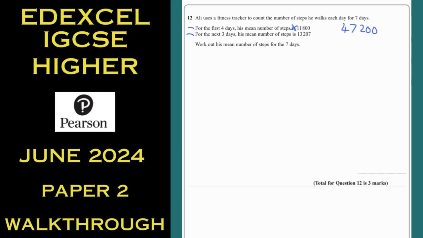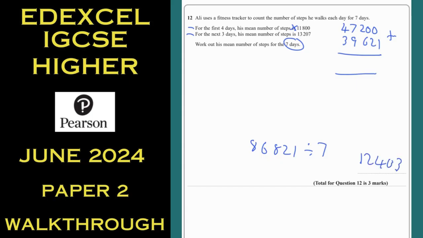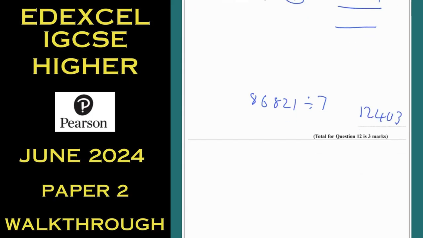Same again for the next 3 days. 3 times that 13,000 odd gives us 39,621. To work out the mean over all 7 days, you need the total, which is 86,821, and it gets divided by the total number of days, 7. And that's a nice 3 marks, in my opinion.